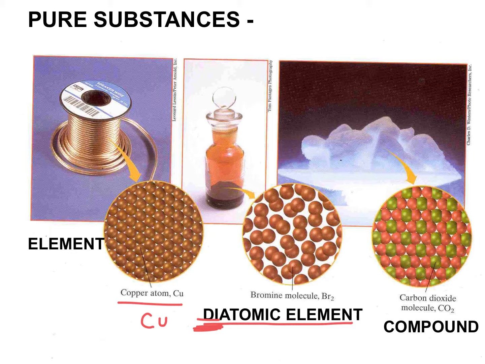So this third picture is of a compound, carbon dioxide, which you're familiar with. We exhale carbon dioxide. Plants take in carbon dioxide and give off oxygen, and we take in the oxygen and give off carbon dioxide. You should have learned that in biology, I think. So this is frozen carbon dioxide. It's what we call dry ice. And it's a compound, carbon dioxide.